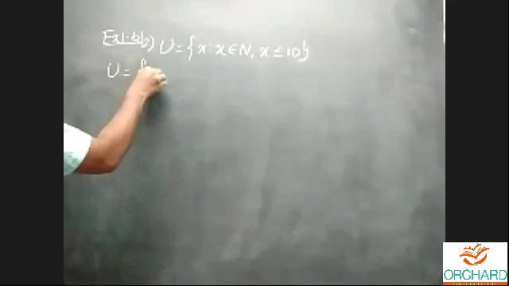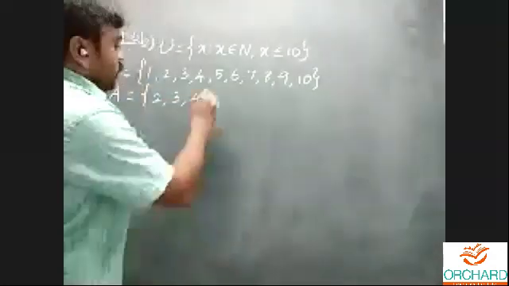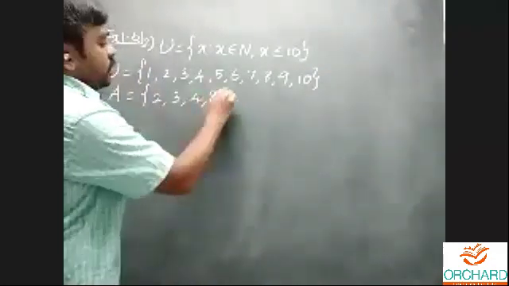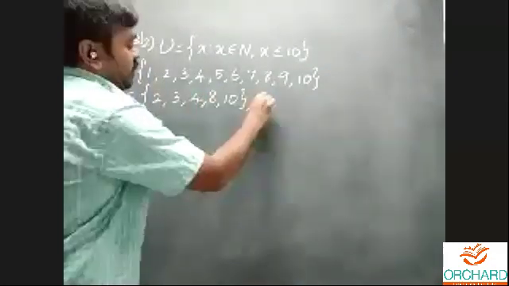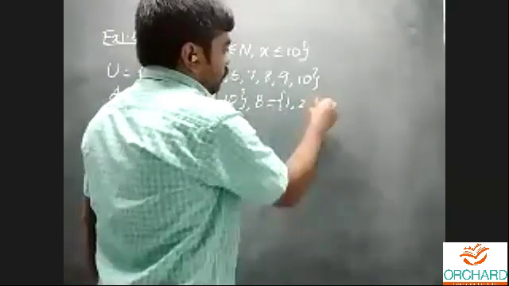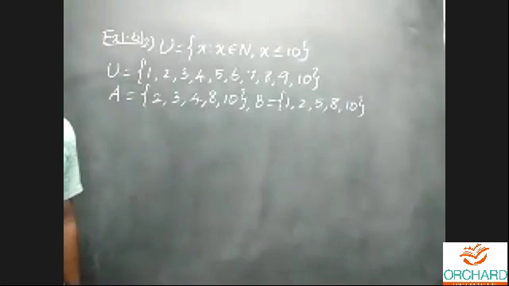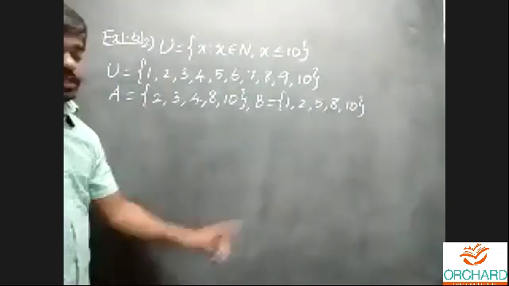Also, they give the elements of set A and set B. Elements of set A: 2, 3, 4, 8, 10. And elements of set B: 1, 2, 5, 8, 10.